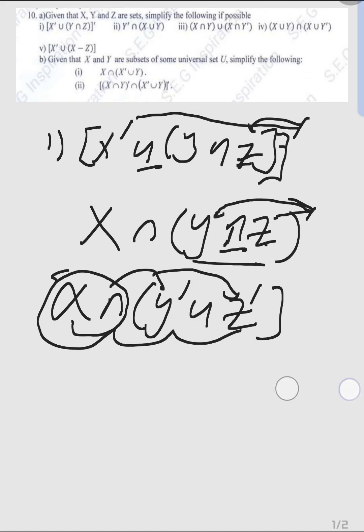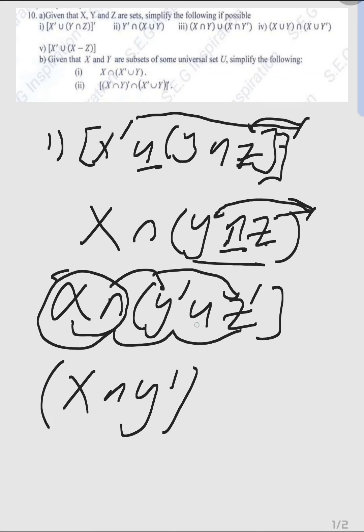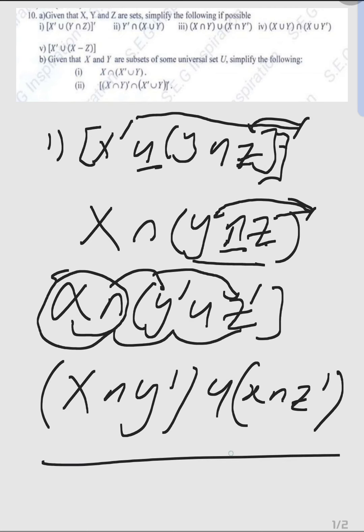So I'm going to say x intersection y complement, then this union will come here, of course, and then x intersection z complement. Alright guys, this is your answer.